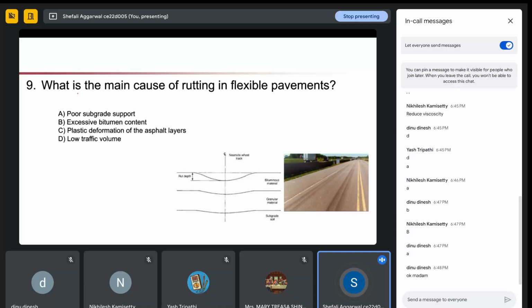If you remember in the last slide I was telling when temperature increases, our bitumen will soften and there will be bending or wheel marks on the road, that is called rutting. So from these four examples, what is happening when temperature is increasing, there is a plastic deformation of your asphalt layer. So the answer will be C. Okay.